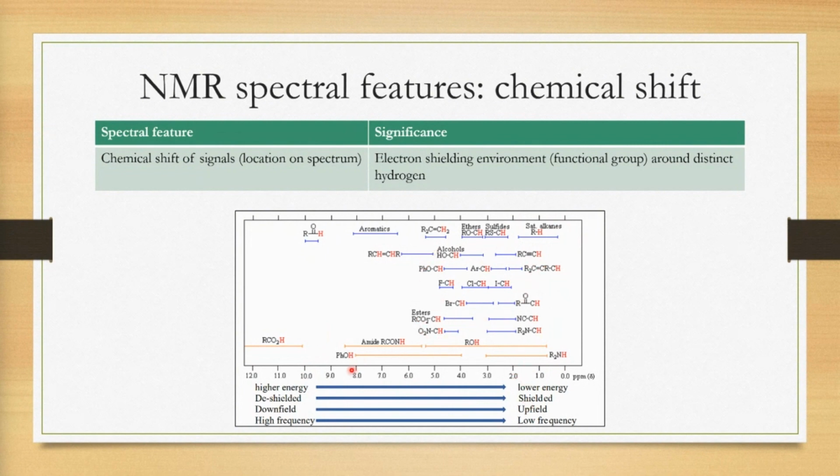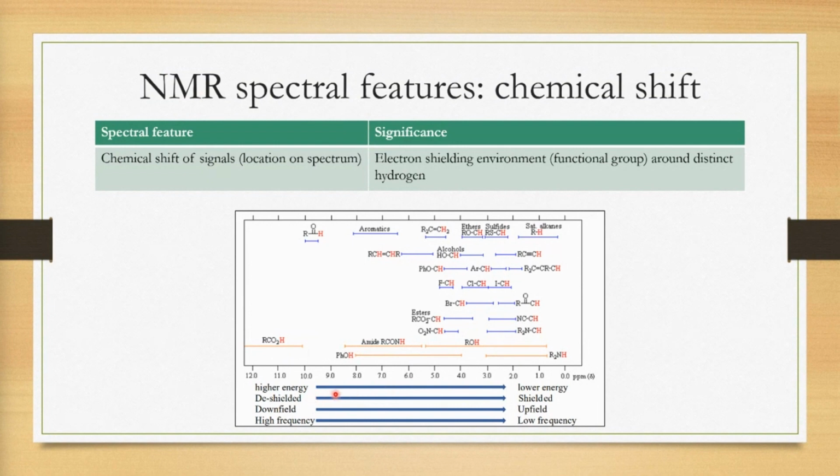So there's a bunch of different groups on here. We have carboxylic acid, we have alcohols throughout the spectrum. But generally, the closer protons are to electronegative elements, the higher energy they are, and we say they're de-shielded or downfield. So a lot of new terms here. We say de-shielded because the electronegative atom takes electron density away from that hydrogen. So there's less shielding of electrons around the hydrogen.